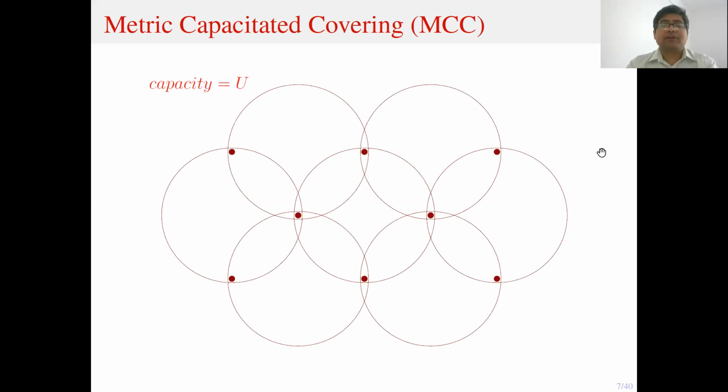So in the metric capacitated covering problem, or MCC, it's a special case of the capacitated set cover problem where the elements are points in a metric space and the sets are balls in the same metric space. And the goal is again the same, to find a minimum sized subfamily that covers all the points by satisfying the capacity constraints. Let me take a few examples.